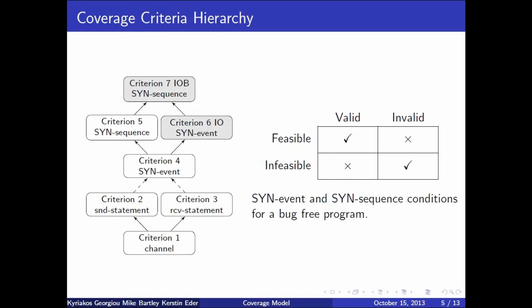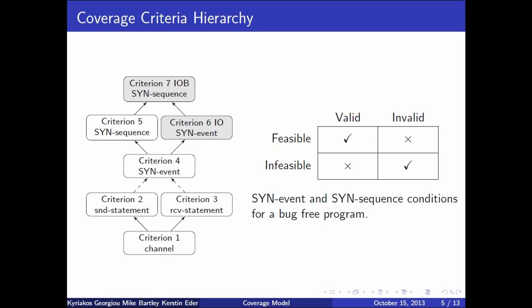In this figure we have the 7 proposed coverage criteria along with their hierarchy. The meaning of the hierarchy is that any criteria in an upper level covers all the criteria in the lower levels. For example, if you create coverage tasks for criteria 4, criteria 2, 3, and 1 are covered. Criteria 1 extracts the channels of communication in a program.